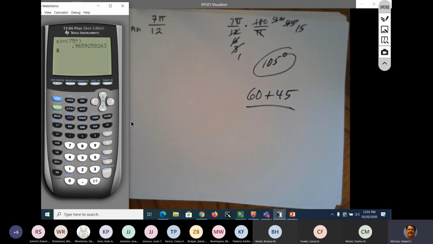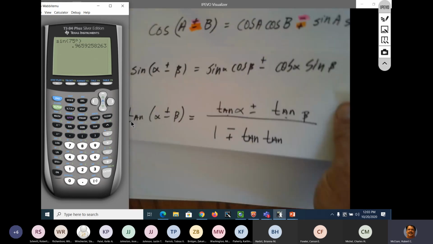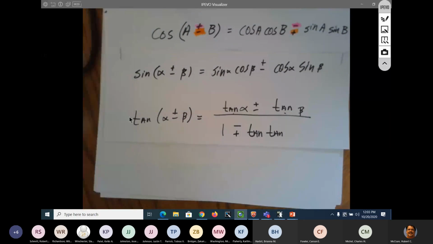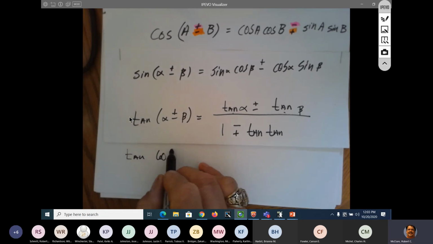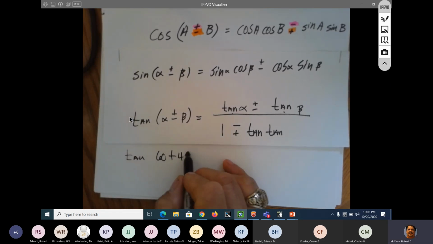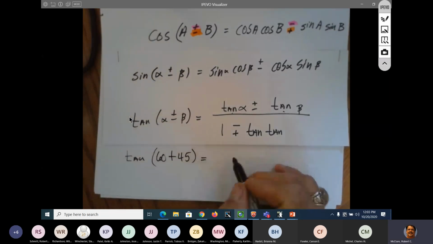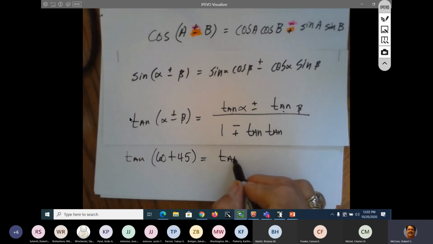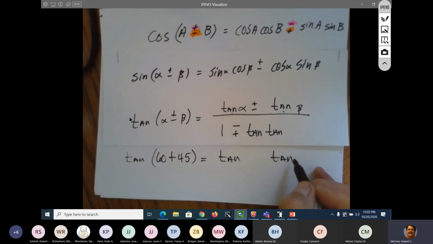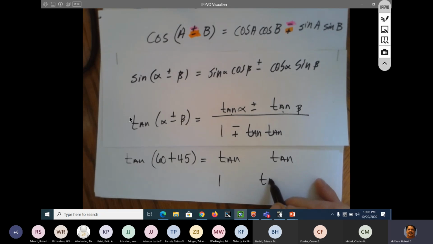So I take my handy dandy cheat sheet, and I got 60 plus 45, so the tangent of 60 plus 45 is equal to tan plus tan over 1 minus tan tan.